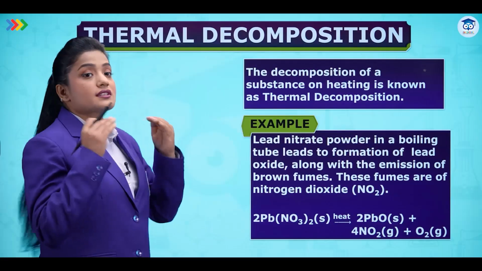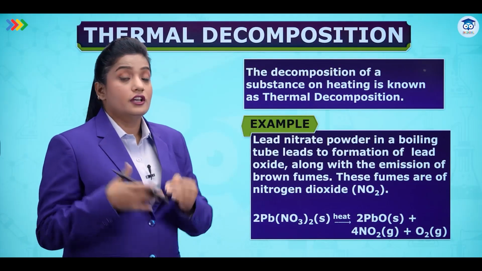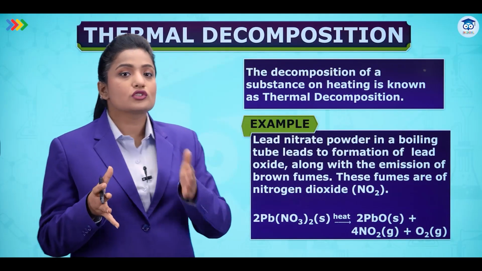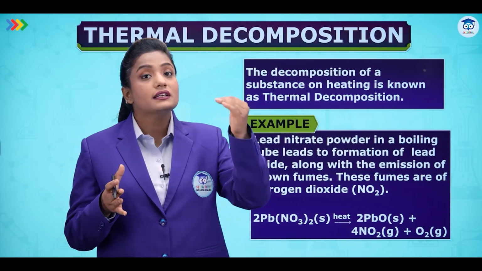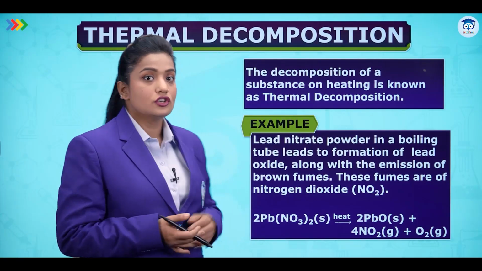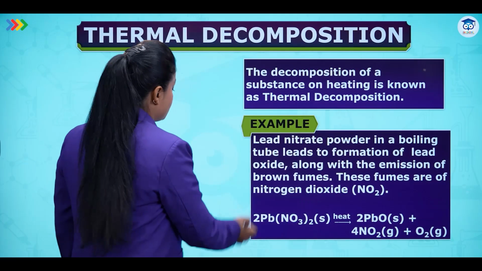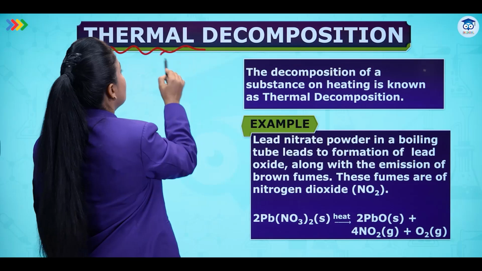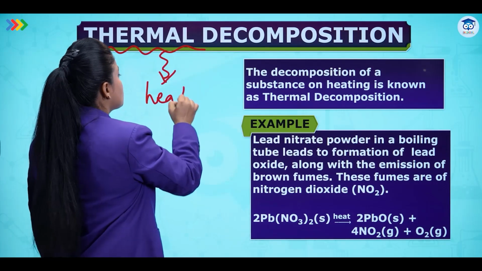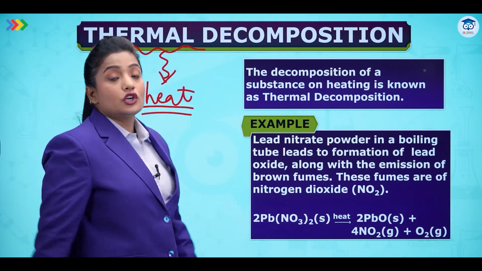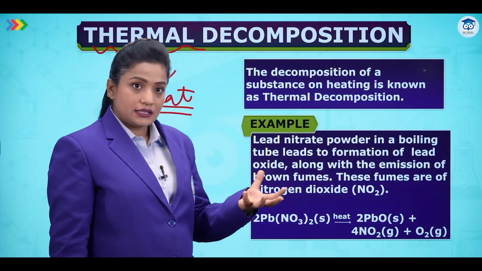Now let's come to the subcategories of decomposition reaction. Remember, I told you on the basis of the source of energy that we are utilizing, we will get the categories of decomposition reaction. So the first one is thermal decomposition. The word thermal means heat. That means the source of energy to decompose the reactant is heat.